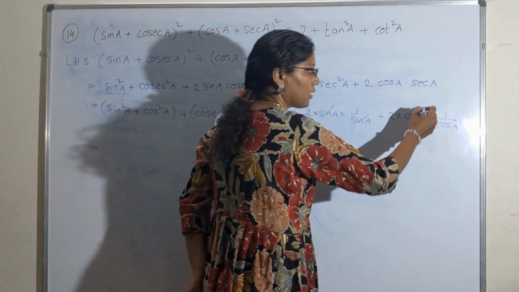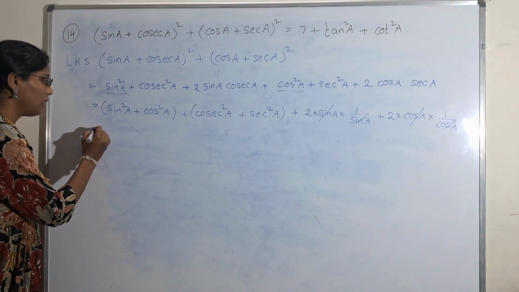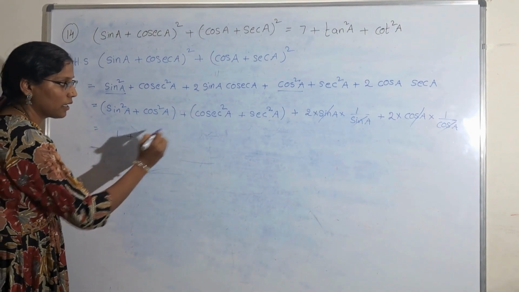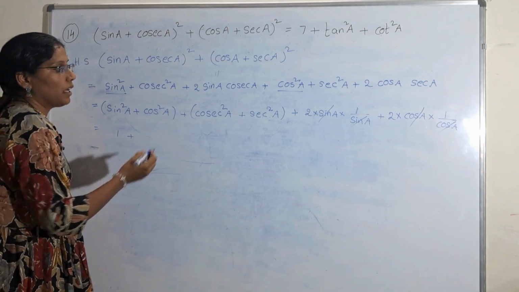Sin A cancels, cos A cancels. Here sin square A plus cos square A value is 1, plus cosecant square A.